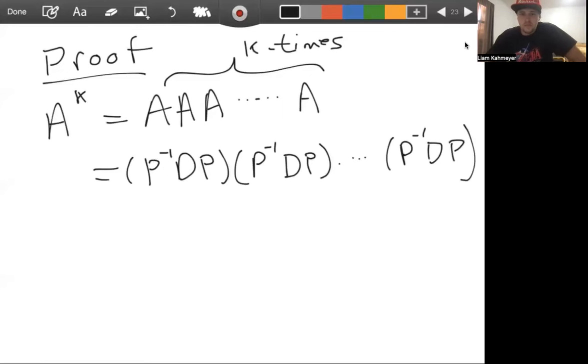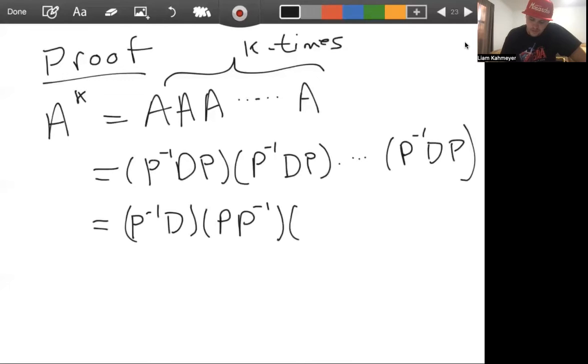And then by the associativity of matrix multiplication, we can regroup here. We can rewrite this pretty lengthy product as P inverse D times P inverse D P, times D and then P inverse, et cetera.